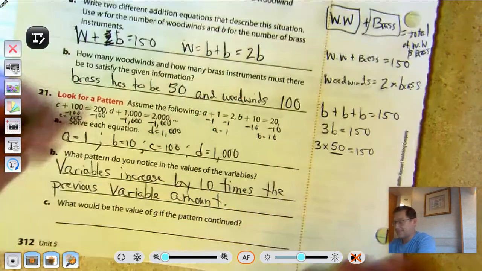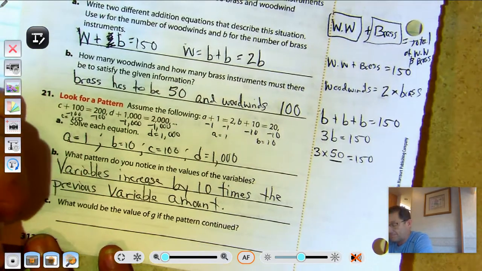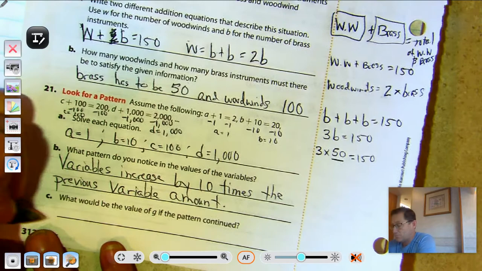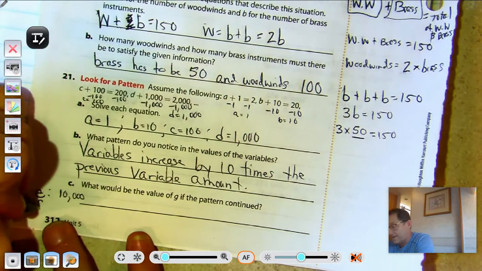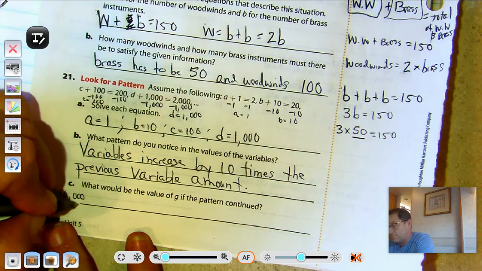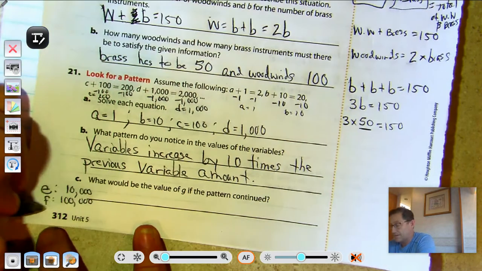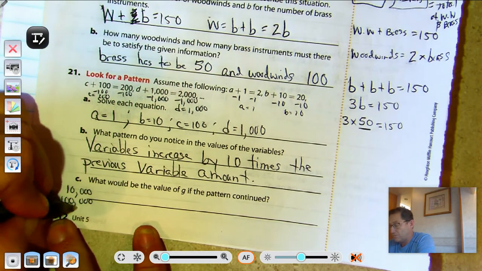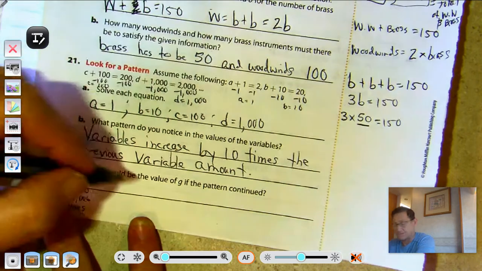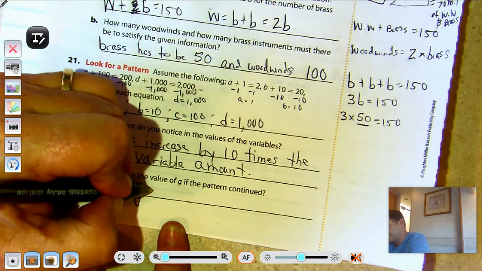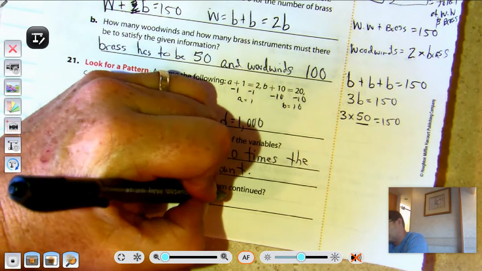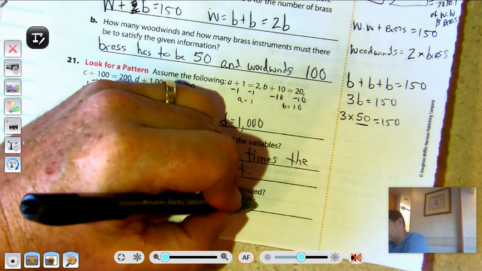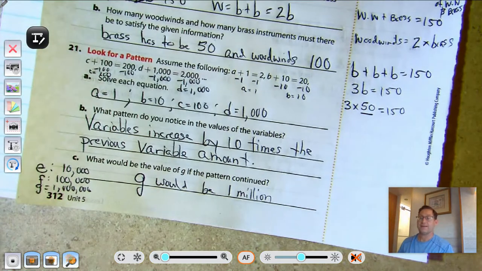Well, if D is 1,000, E would be 10,000, F would be 100,000, and G would be 1,000,000. Okay, how did I get that?